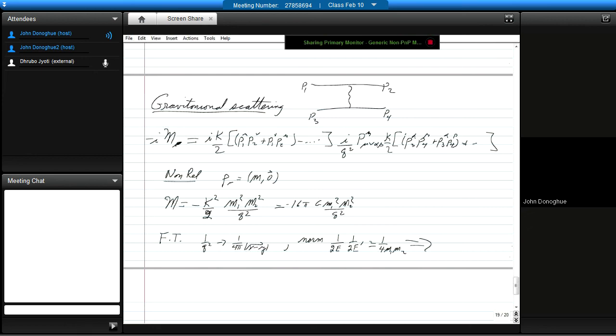And then with the 16 pi, the 4 pi from there, 4 m1 m2, we get V of r equals minus G m1 m2 over r. All right, there we go. So we recovered the old Newton's law by doing gravitational scattering, exchanging a graviton.